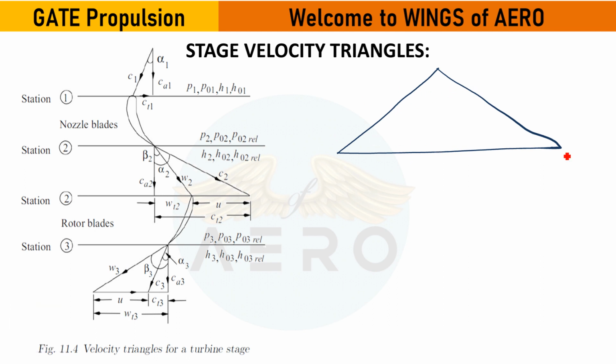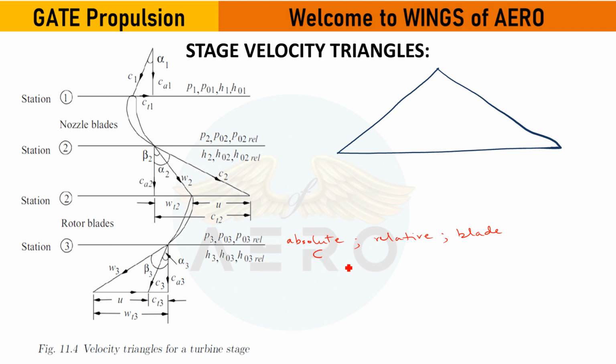Now, whenever any triangle is formed, it's a combination of absolute velocity, relative velocity, and the blade speed, or we can call it peripheral velocity.